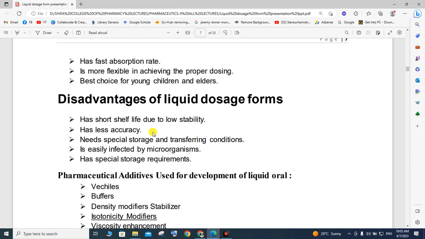So it needs special storage conditions. It is easily infected by microorganisms; the chances of microorganism growth are high. So special storage is required, and you need specialized containers in which these emulsions can be stored.